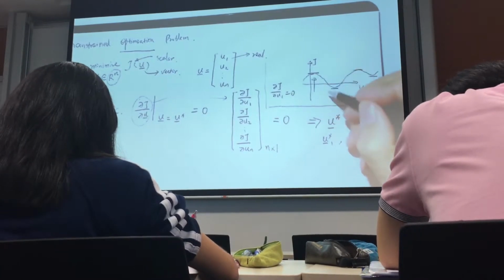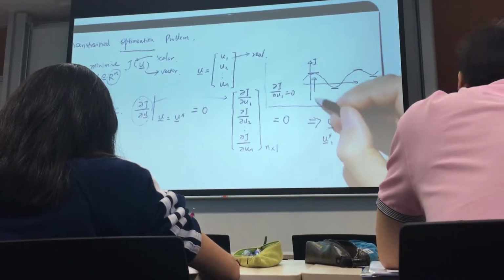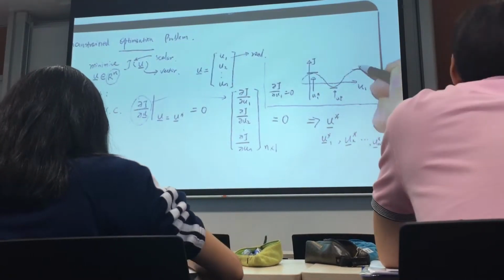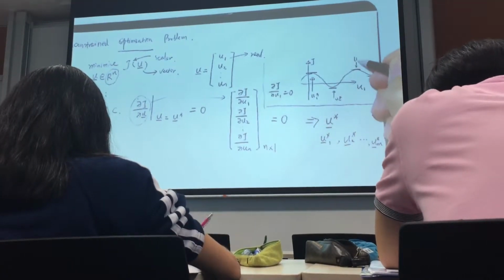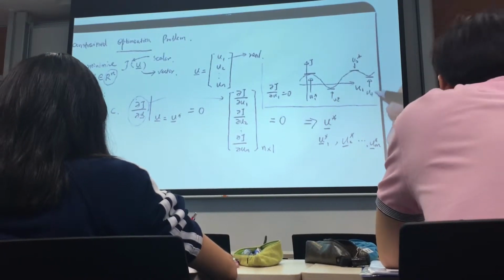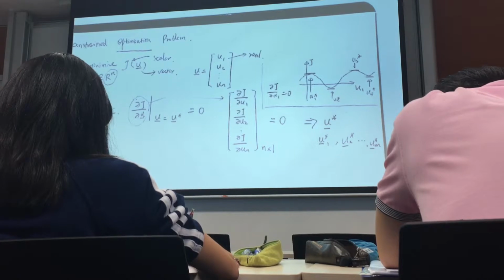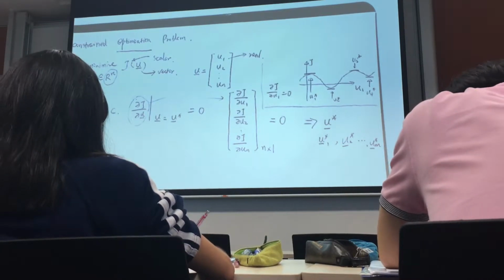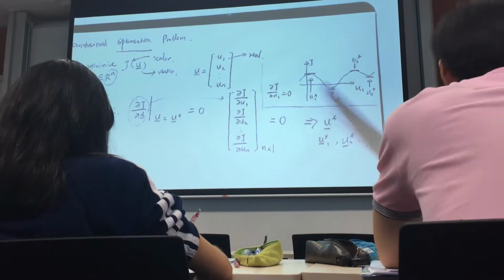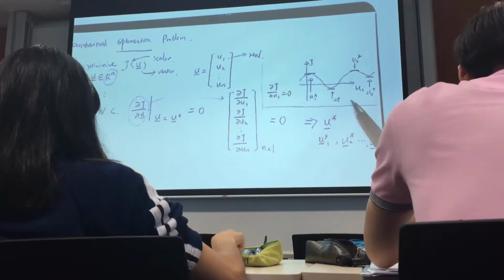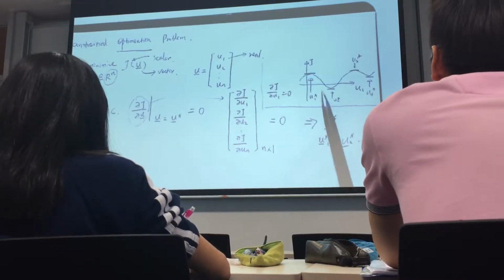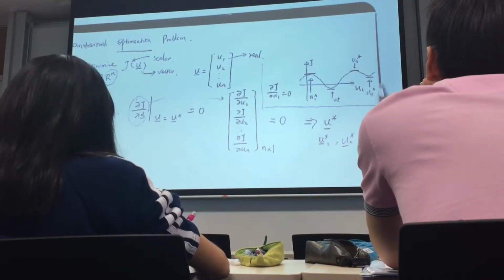So this is u1 star, this u2 star, this one u3 star, this one u4 star. It's quite straightforward to understand. So the necessary condition will give you all the potential solutions.